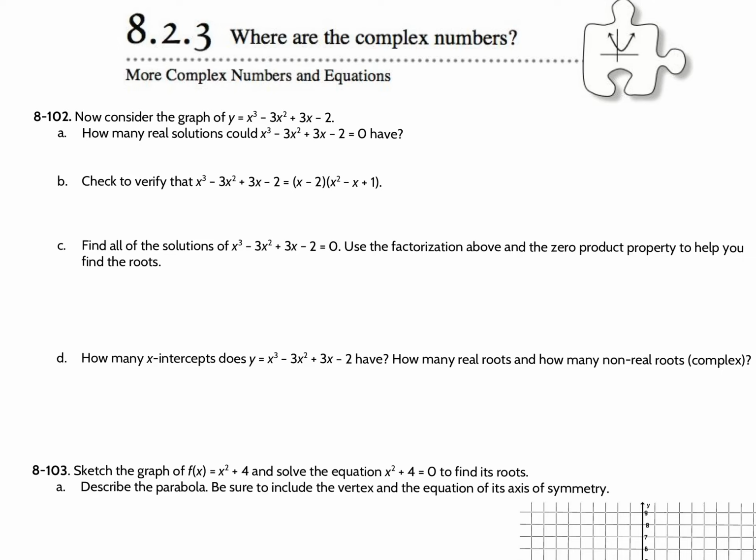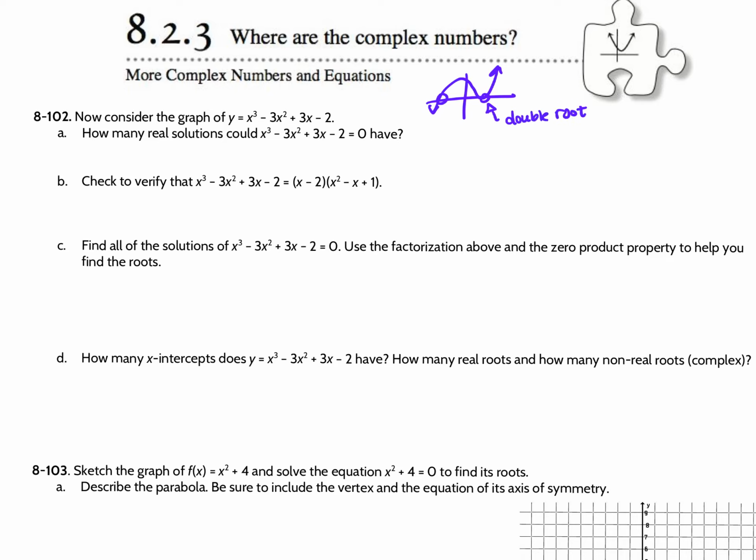Okay, so let's talk about this cubic graph. So here we have the graph of a cubic function. We're going to ask ourselves to think about how many real roots it could have. Now I want you to understand that's a slightly different question than how many times does it cross the x-axis, because where it crosses the x-axis twice, for instance, we're really seeing this is a double root, and we've talked about that.